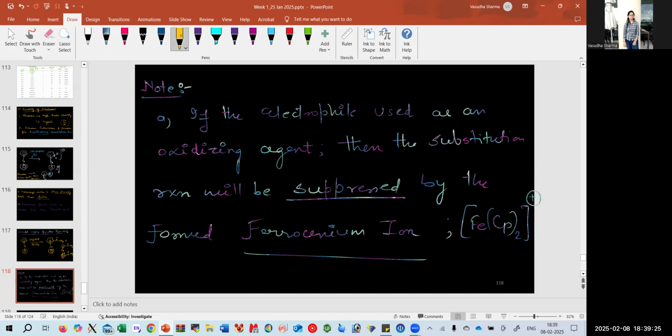So this is very important. If the electrophile works as an oxidizing agent, it can suppress the formation of the electrophilic substitution product, and that would be suppressed by the formation of an oxidized product, which is the ferrocenium ion.